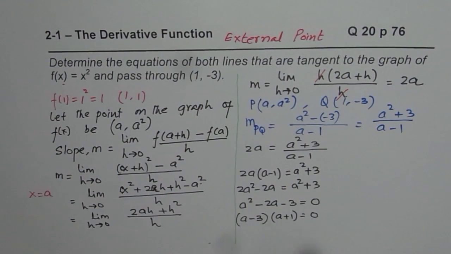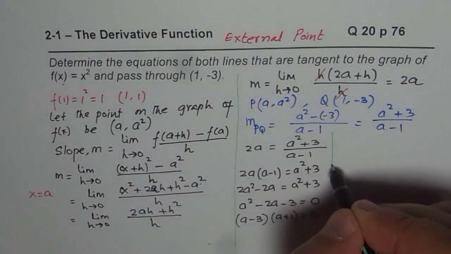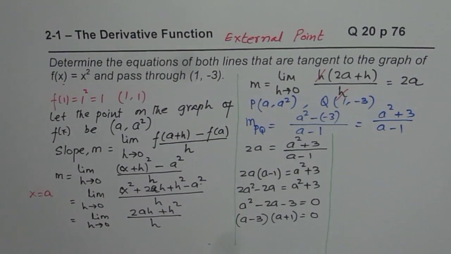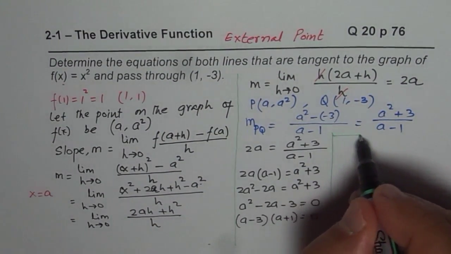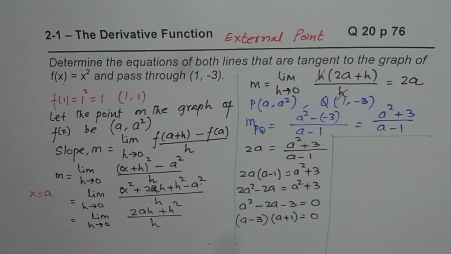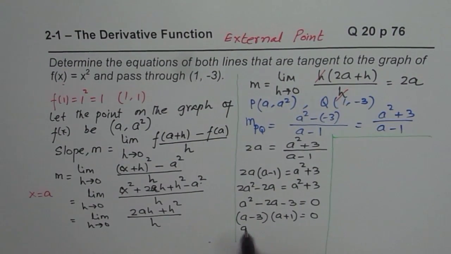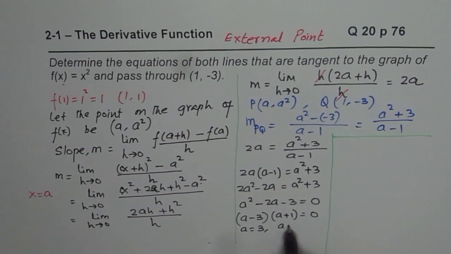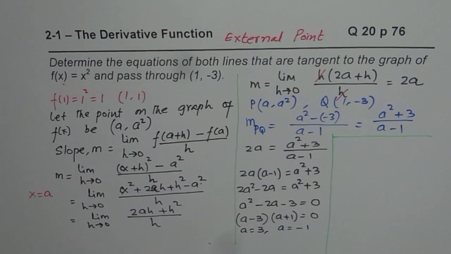That clearly gives us two different values of a, right? So that gives us two values of a: a could be 3 or a could be -1.